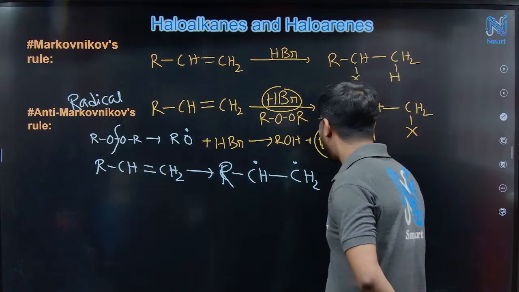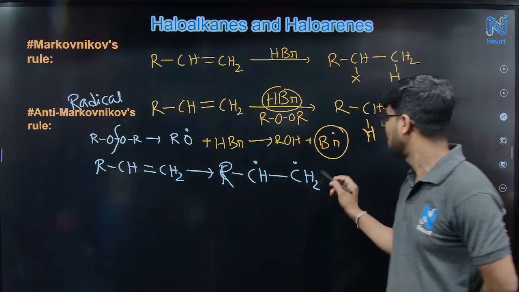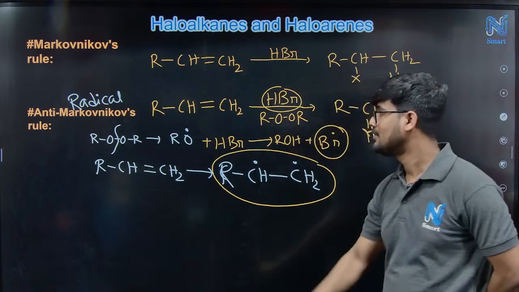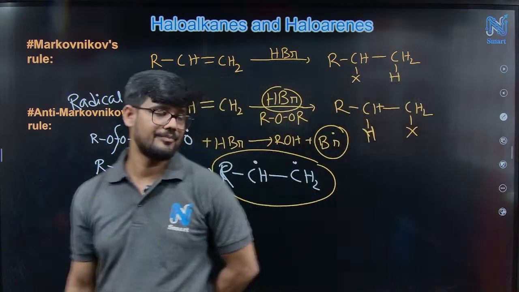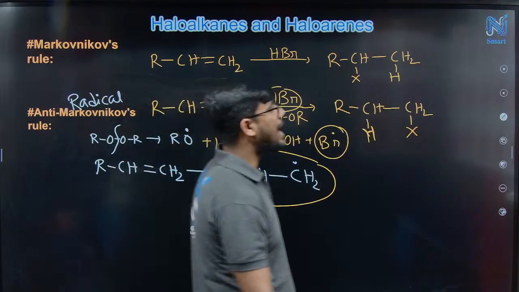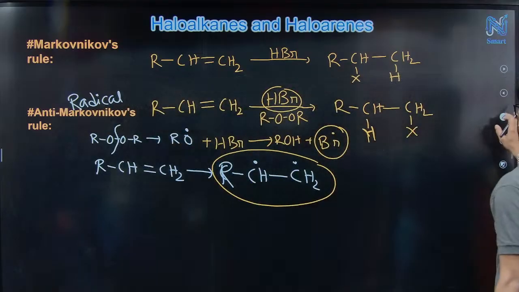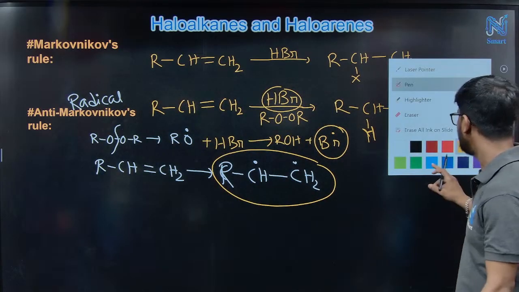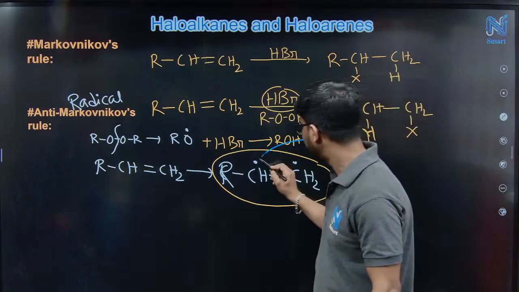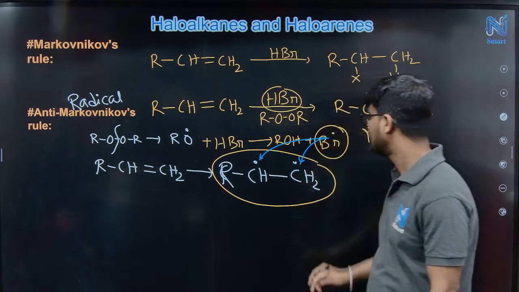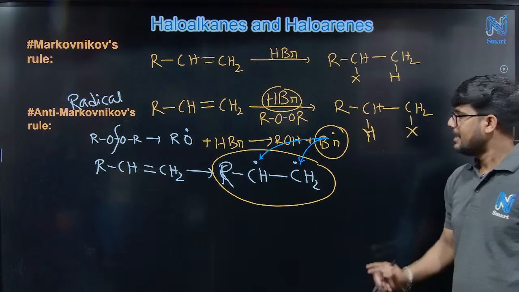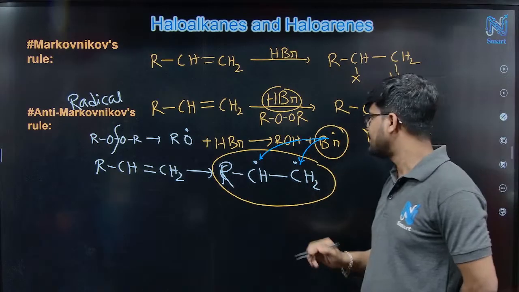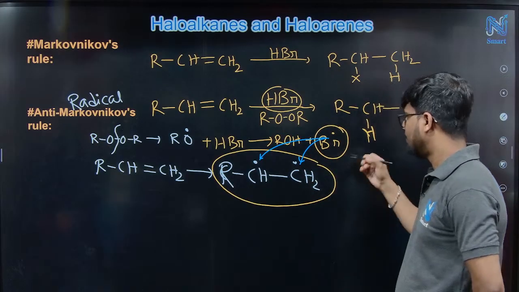Now this Br radical will attack this alkene system. Now the question is where it will attack: this carbon or this carbon? Which one? To answer this question, you have to know the product.